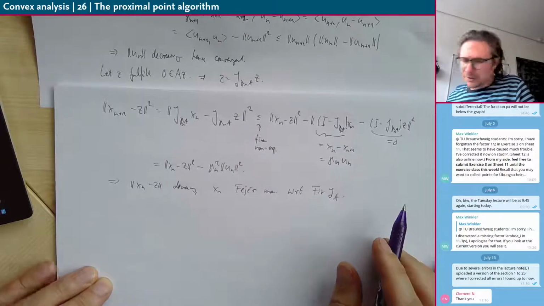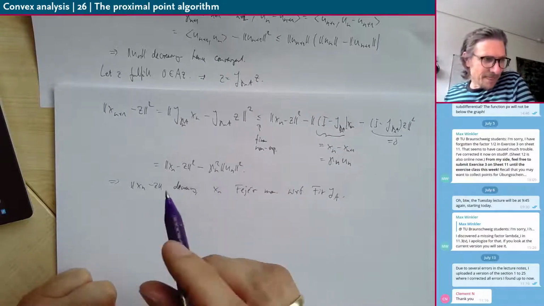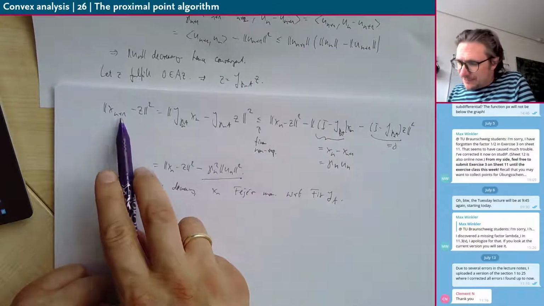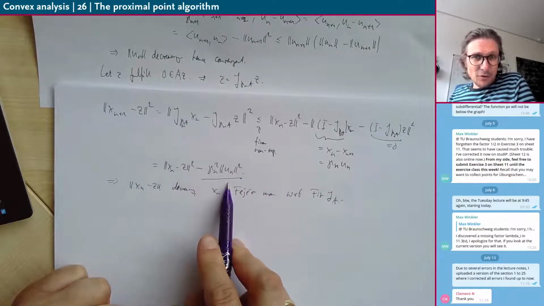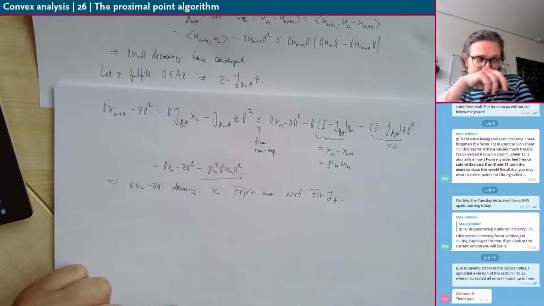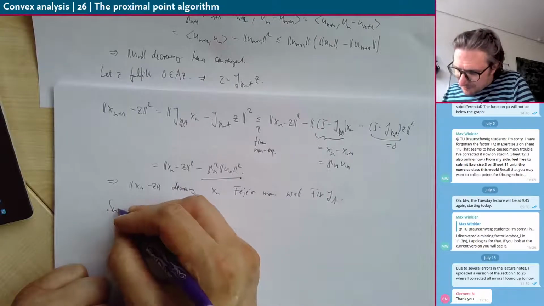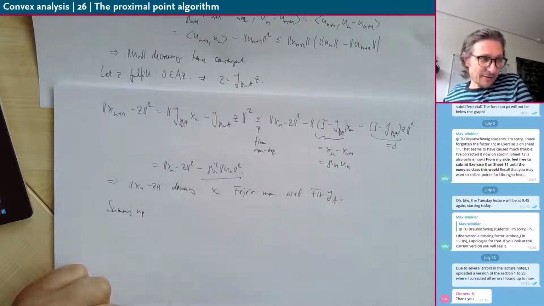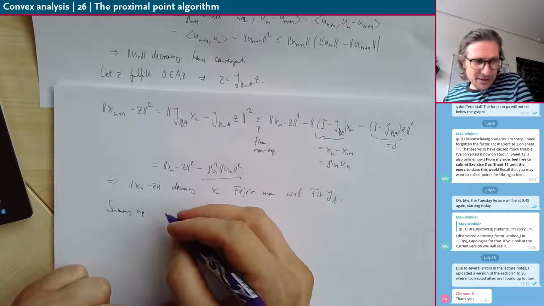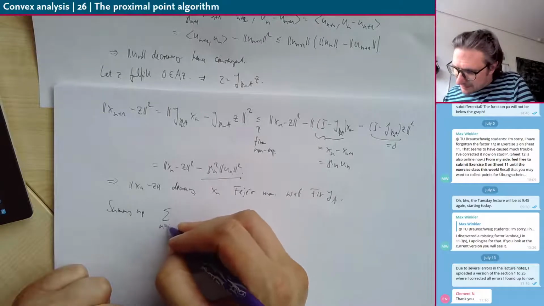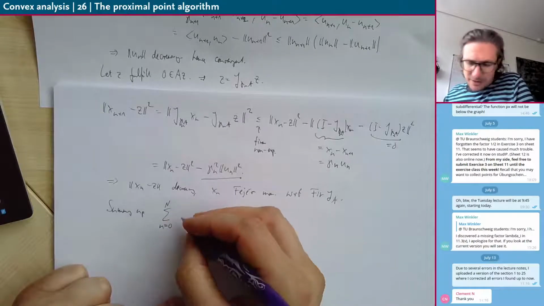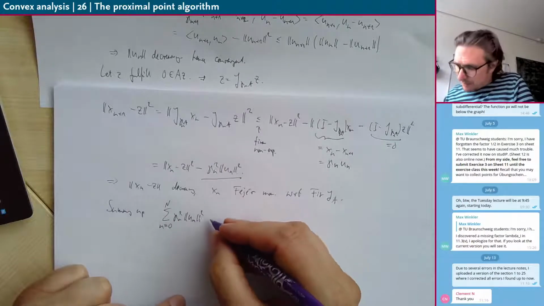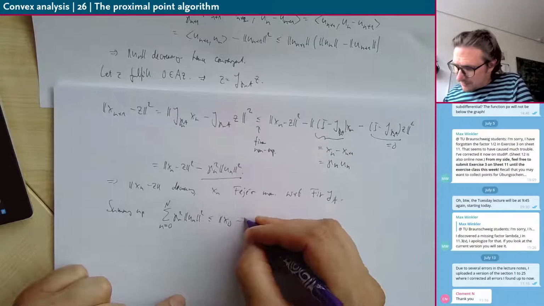But what we get more is we also have this guaranteed improvement here. We know that the next distance is smaller than the previous distance. So we can sum this up, or telescope it, it doesn't matter how you want to phrase it, and see that the sum from n_0 to capital N of gamma_n squared times the norm of u_n squared is bounded by the norm of x_0 minus z, for example.